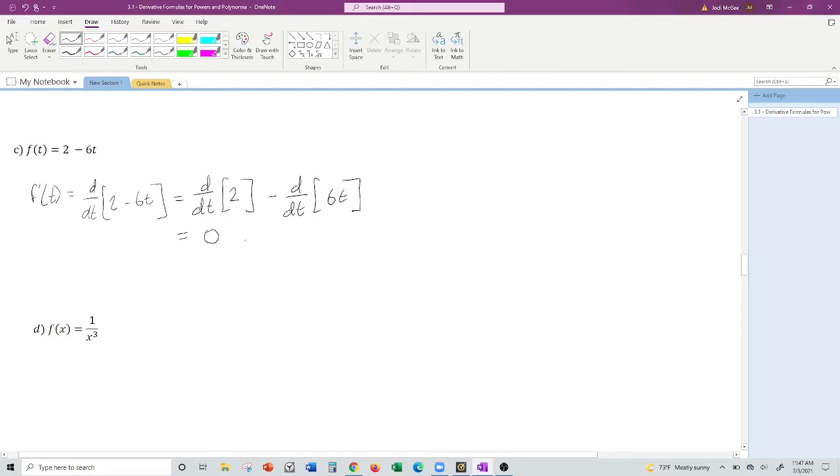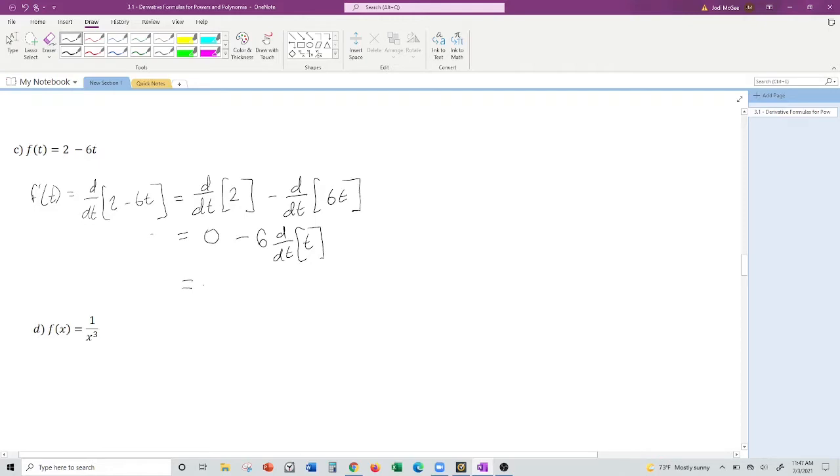All right? Then we have the derivative of 6t. Well, our constant multiple rule says we can pull 6 out, and then we just have the derivative with respect to t of t. All right, well, down here, this is the exact same thing that we did a minute ago with the derivative of x with respect to x.